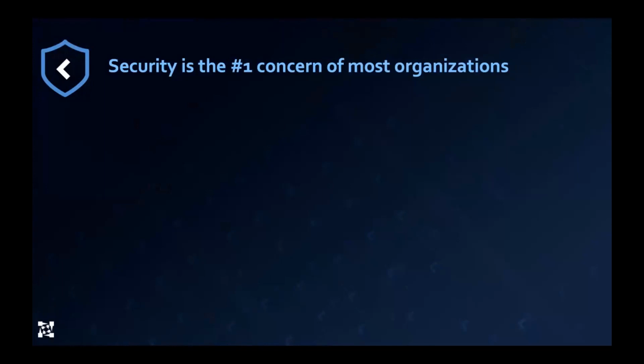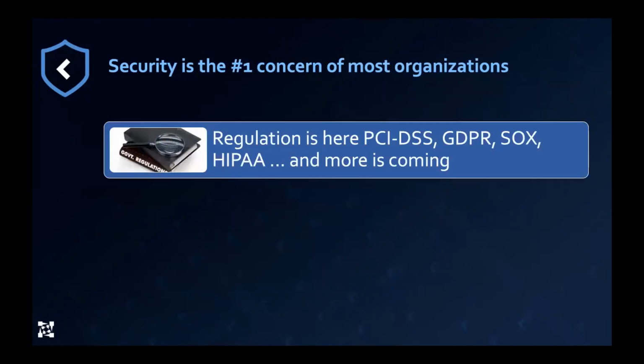Security is the #1 concern in most organizations. A lot of that is driven from regulation, such as PCI, GDPR, SOX, and HIPAA. And there's more regulation coming. The states of California and New Jersey have enacted processes around consumer privacy as well.